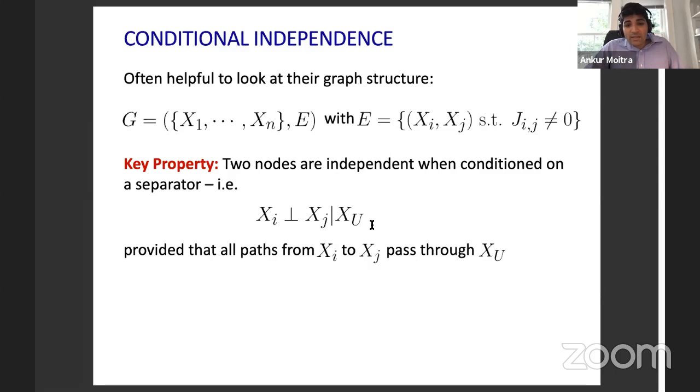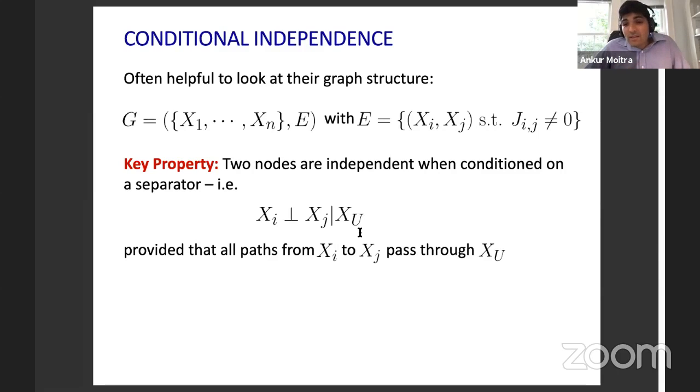So if, for example, we take u being a set, some set of the xi variables, and we condition on all of those spins, then if we have the property that u blocks all paths in the graph between i and j, then the key point is that xi and xj are guaranteed to be conditionally independent when you condition on this set of nodes x sub u.